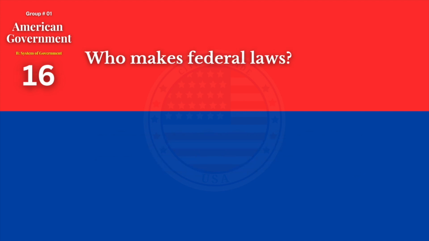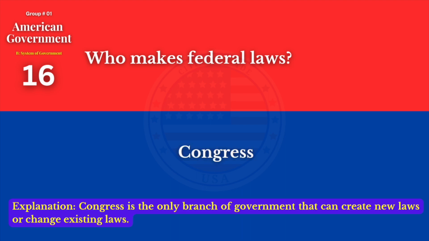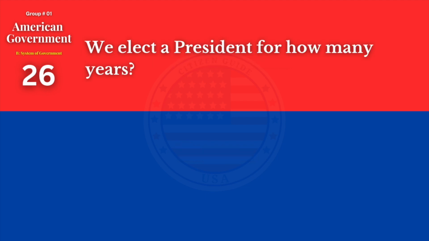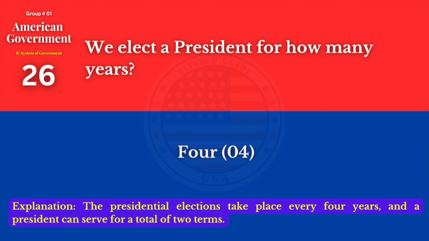Who makes federal laws? Congress. We elect a president for how many years? 4.